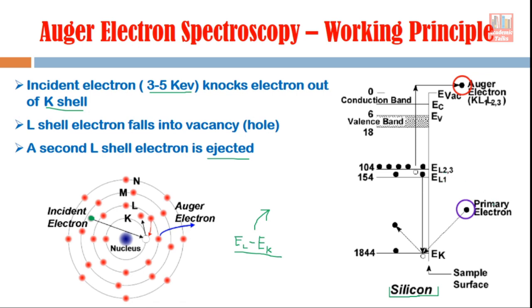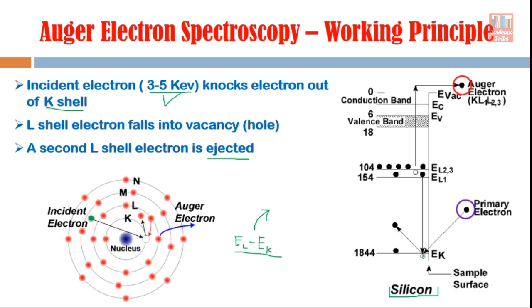So what happens when a primary electron, which is a high energy electron with energy mentioned here as 3 to 5 kilo electron volt, hits the solid surface? It will eject one electron from the K shell. So this electron has been knocked out from the K shell, and here we have this vacancy.